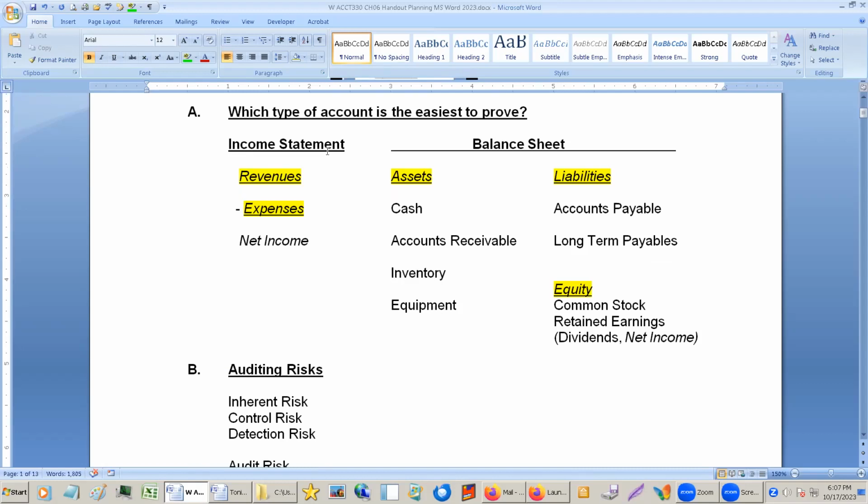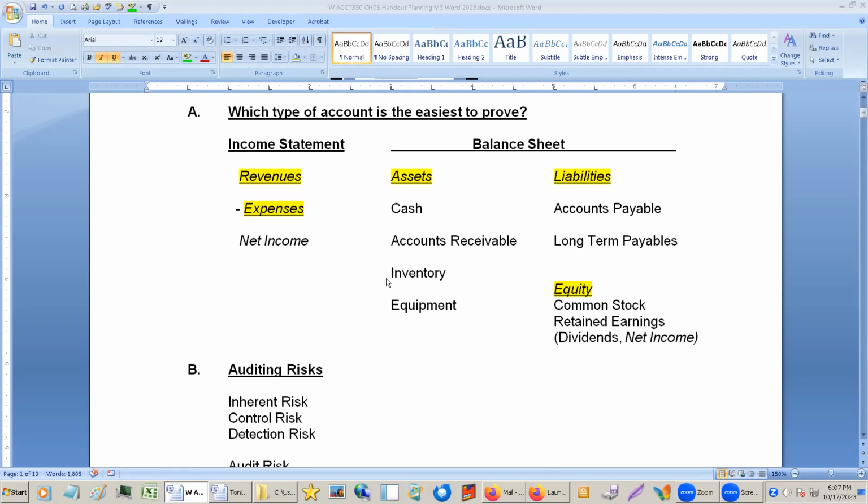Which of the accounts is the easiest to prove? There's 5 different categories. We have revenues, expenses, assets, liabilities, and equity. So those are the 5 types of accounts that we have. Which one is going to be easiest to prove? I'll give you a hint.